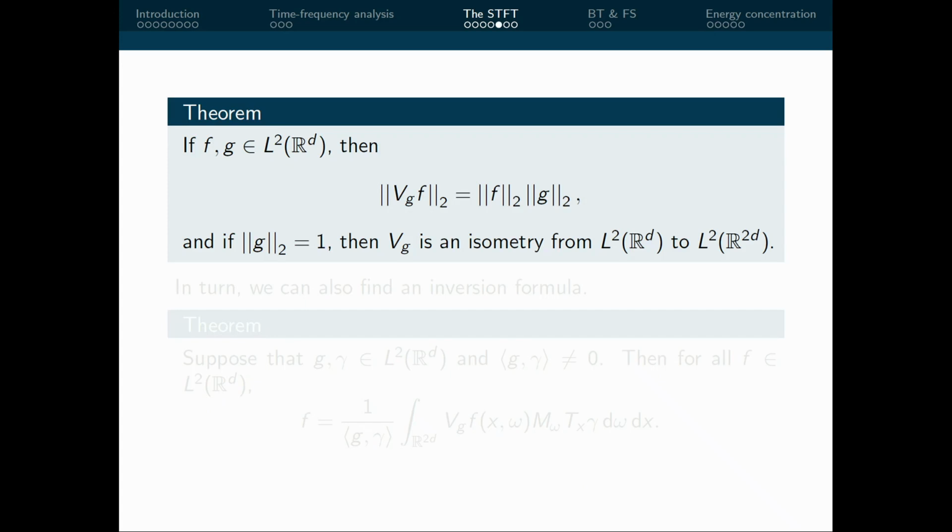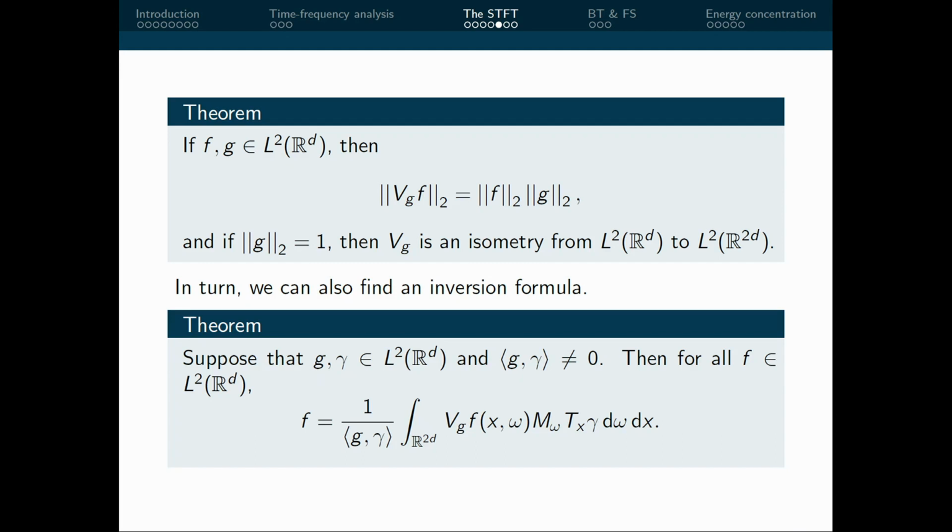So what you get is that it takes L2 of R^d into L2 of R^2d, now you have two variables, in an isometric way if your function g has its L2 norm equal to 1. So in particular, L2 of R^d and L2 of R^2d are very similar through the short-time Fourier transform. And you can have, same as before, an inversion formula.